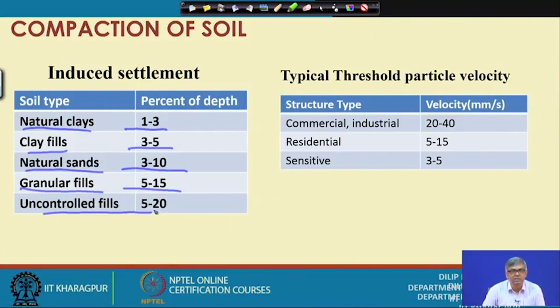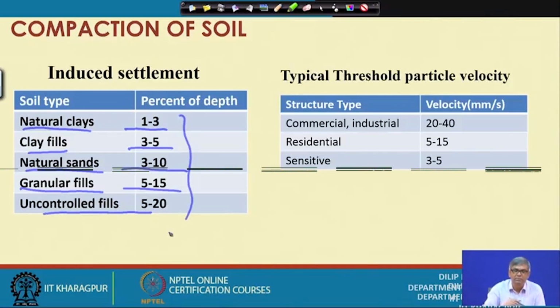So these are the settlements actually induced when you do the compaction, given in percent of the depth. If compaction is done to 3 meter depth, 3% of 3 meter is the surface settlement we are expecting. Or suppose you do 10%, so if it is 3 meter, 10% of 3 meter, you will get 30 centimeter of settlement here.